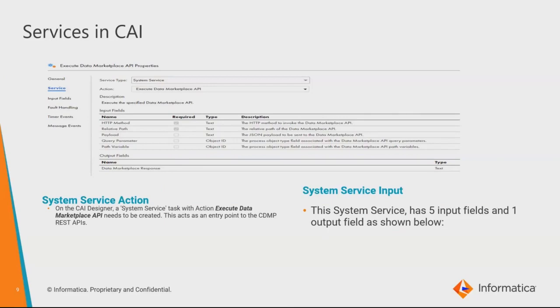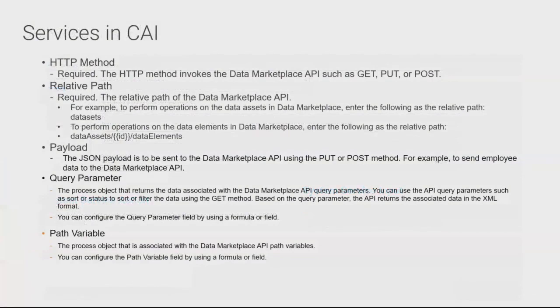In input fields, as you see, the HTTP method and relative path are required, but the other parameters are not mandatory. Moving next to the input fields. As I said, HTTP method is required and relative path is required.